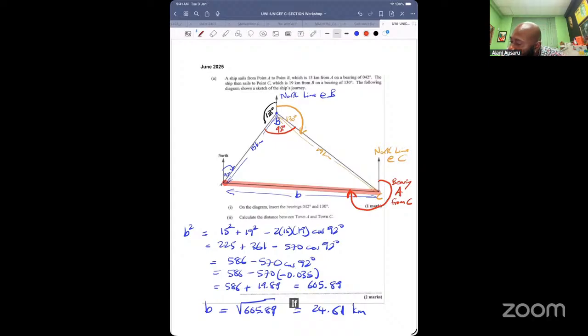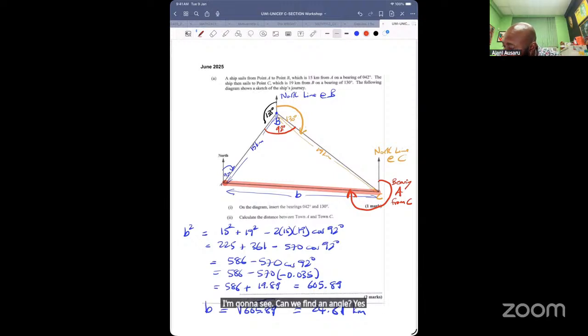If we can find angle ACB, can we find angle ACB? That means angle C there inside the triangle. Can we find that angle?